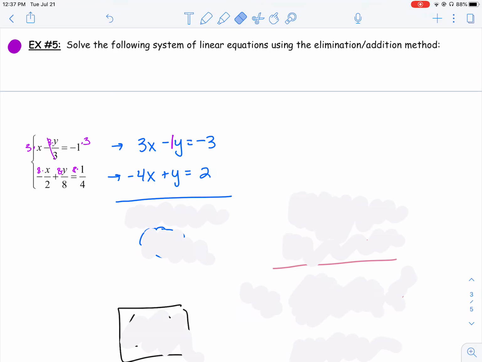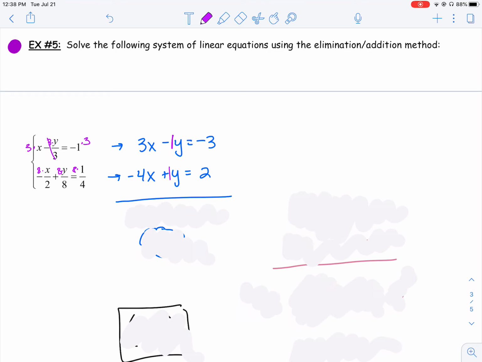Don't forget about the negative 4. 8 divided by 8 is 1, 1y. And 8 divided by 4 is 2. So now I have two nicer, cuter equations with whole numbers that are much easier to deal with. These two blue equations are equivalent to the original equations, just without fractions.